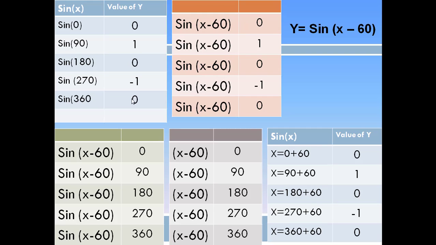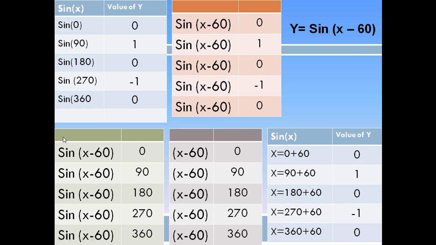Okay, so I introduce the new one. Before this was sin x, now this is sin (x minus 60). The values are 0, 1, 0, minus 1, 0. What does it mean? If you compare, sin (x minus 60) equal to sin 0, sin (x minus 60) equal to sin 90, sin 180, sin 270 and 360.